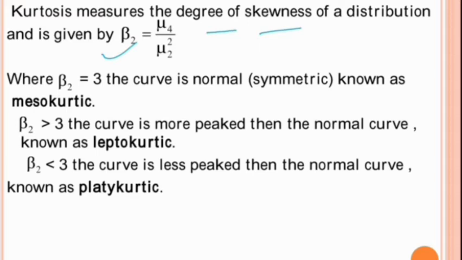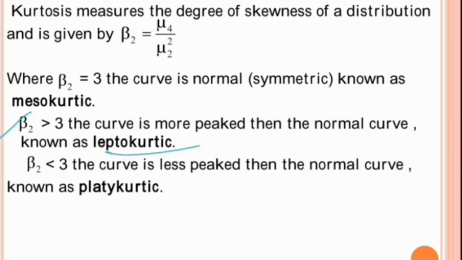If the value of beta 2 is 3, then the curve is normal, that is symmetric, and it is known as mesokurtic. If the value of beta 2 is greater than 3, then the curve is more peaked than the normal curve, and it is known as leptokurtic.